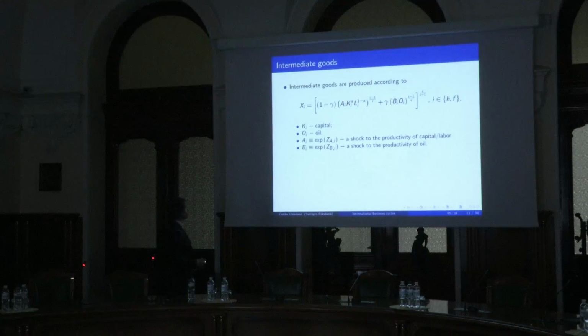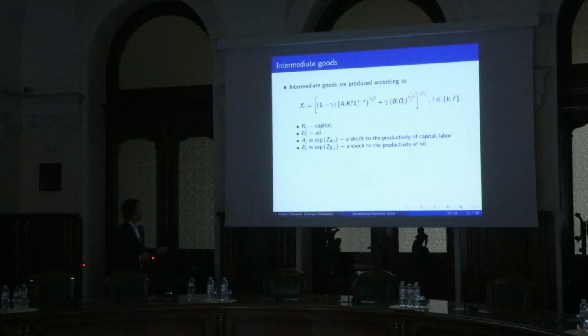That's a standard assumption. What we do now is to say that, well, you need to use capital and labor, but you also need to use oil to produce. And this epsilon here is then the elasticity of substitution between capital-labor and oil. So it tells you how substitutable these objects are.